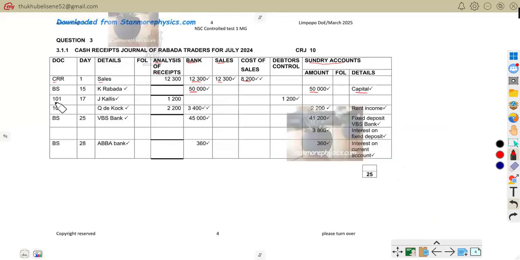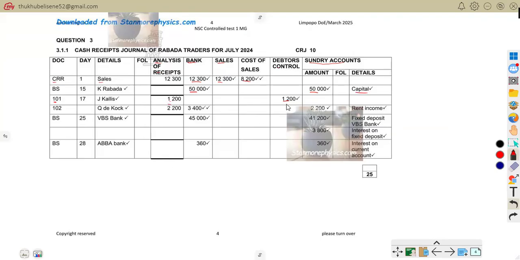Remember, it is on the 17th. Here is our document number 101. On the 17th, we received 1,200 from J. Gallis, our debtor. So we have the debtors control column, where we have this much. We are going to have it there on the analysis receipt.